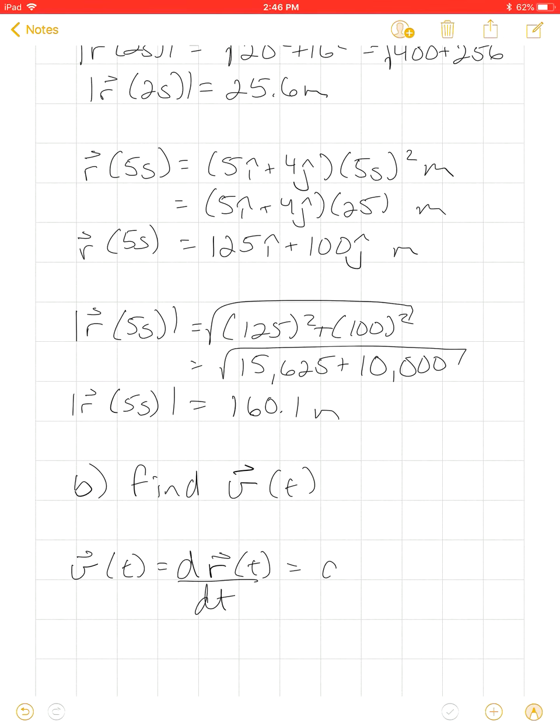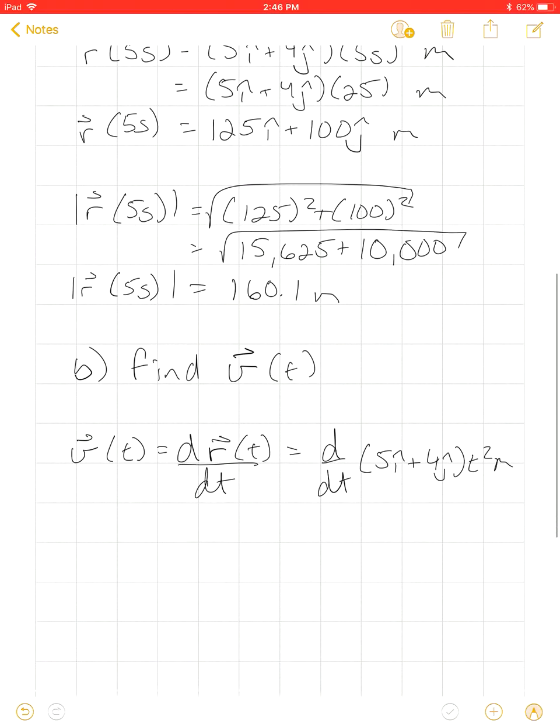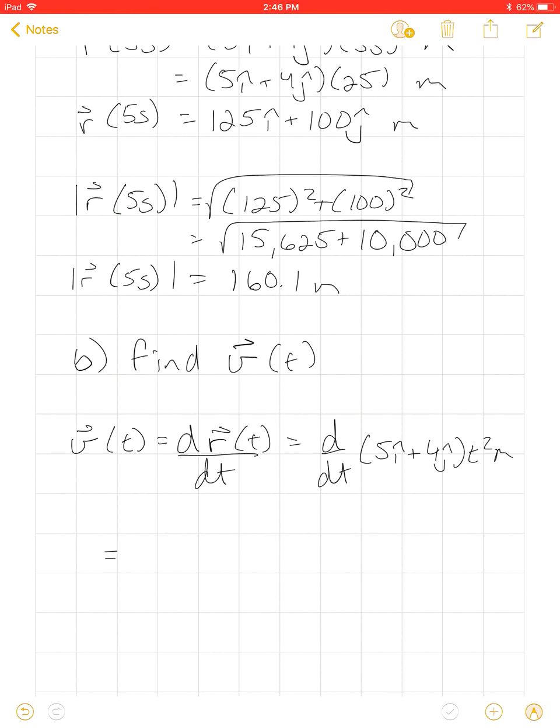Okay? So we're going to take d/dt of (5 i hat + 4 j hat) times t squared in meters. We can pull out this part because basically these are constants. We don't have to worry about that part. So we just have to take the derivative of the t squared.